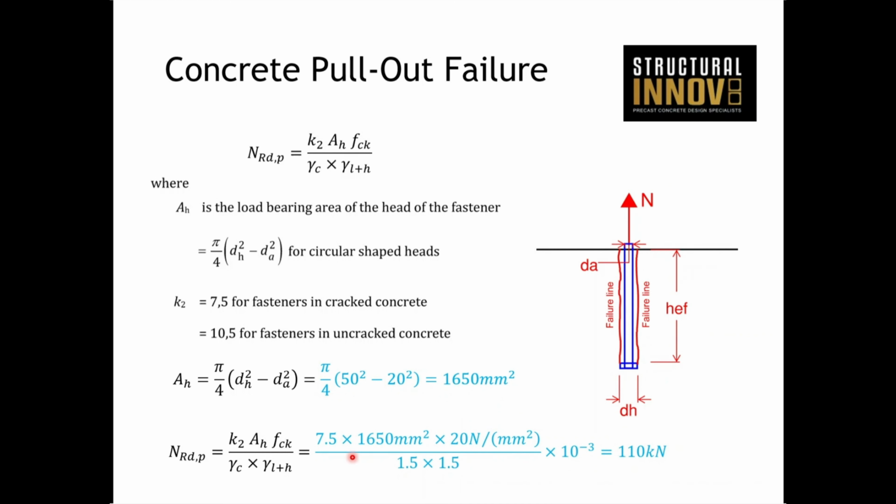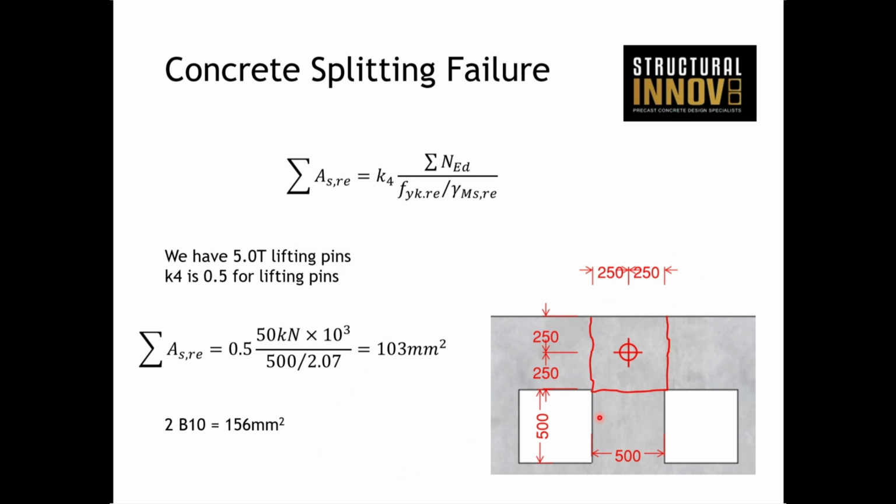So when you pump into this simple formula, again accounting for your partial factors, you get a value of 110 kilonewtons. That's going to be greater than the 62 we saw on the previous slide, so we don't have to worry about that one too much. If we continue then with concrete splitting failure, again, not that critical in these particular examples.